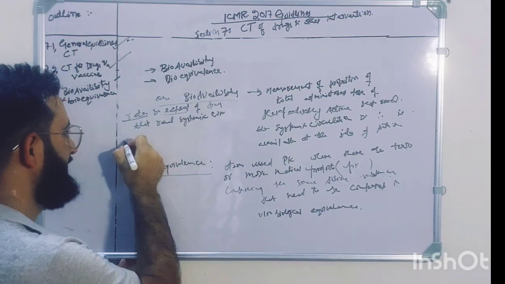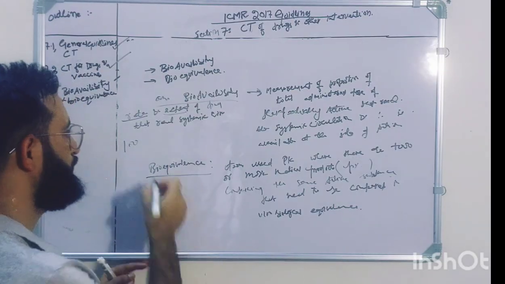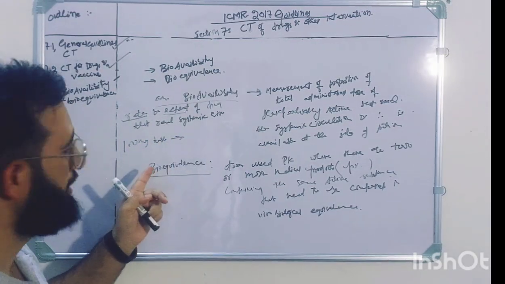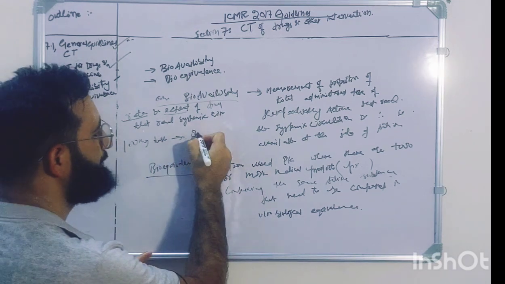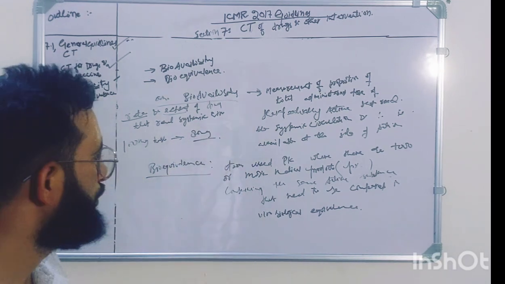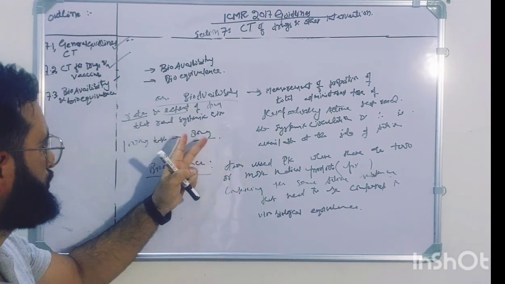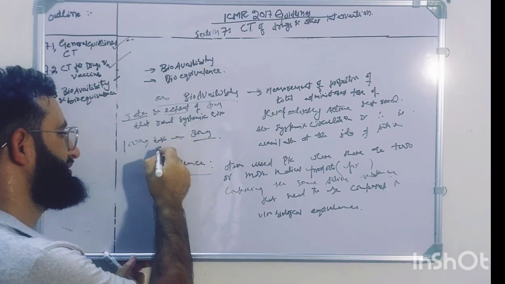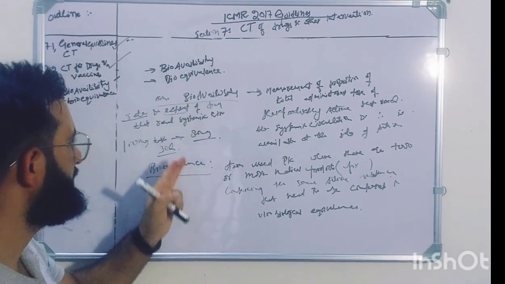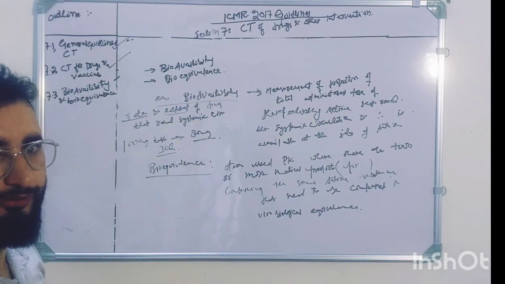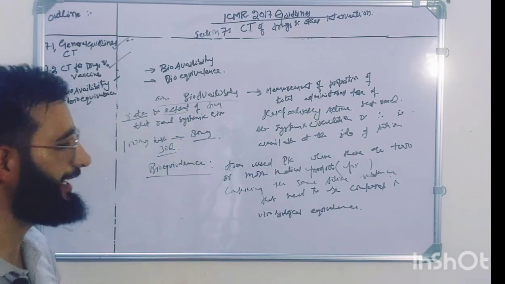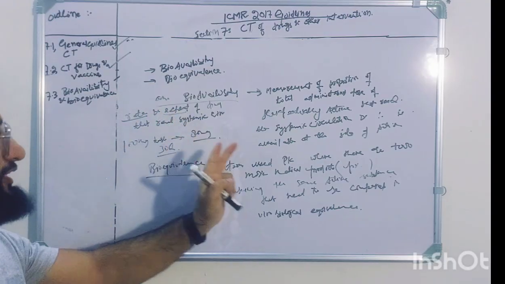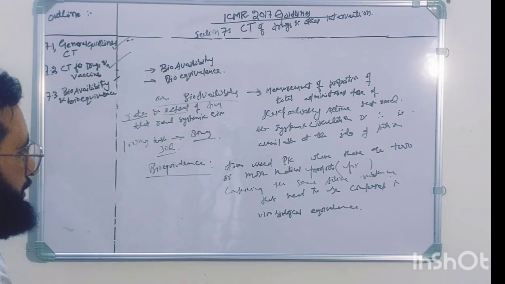For example, if we have taken a 100 mg tablet and from 100 mg, 80 mg of drug is in the systemic circulation, the extent is 80 mg, and the rate is, for example, 30 minutes. So the bioavailability is 80 mg. It's the rate and extent of drug that reaches the systemic circulation.